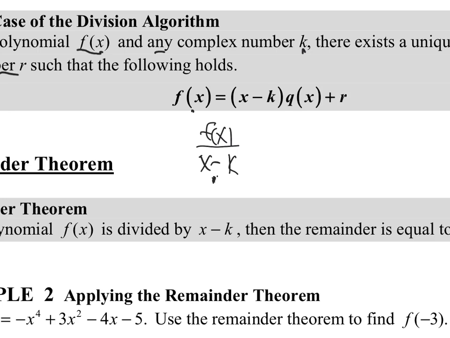So it's your larger function divided by this degree 1 piece, and it has to equal your q of x plus r. That's your quotient plus the remainder.